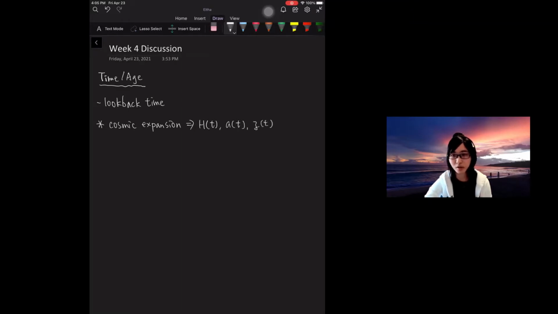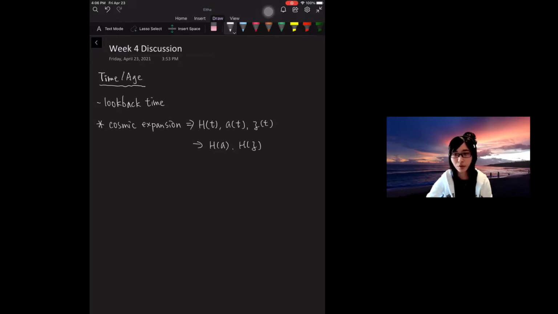So these parameters are all related, and you can see that all of them are a function of time. You can express H in terms of a or H in terms of z. They are all mixed together. So we have H of a, H of z.